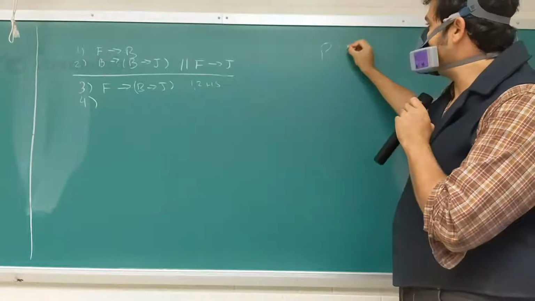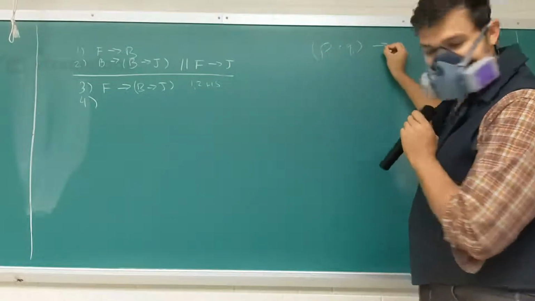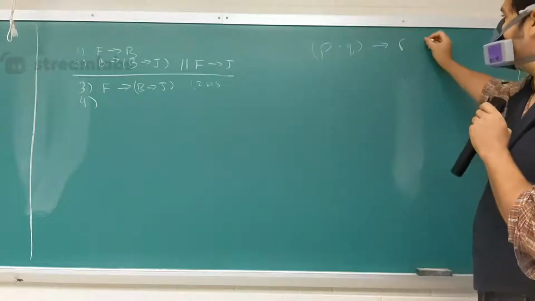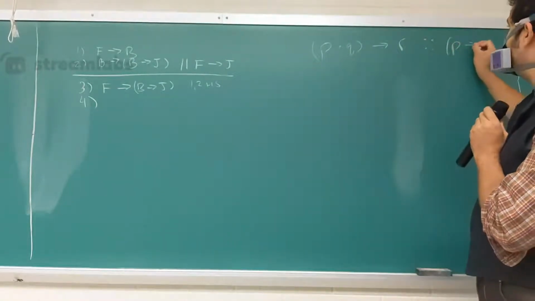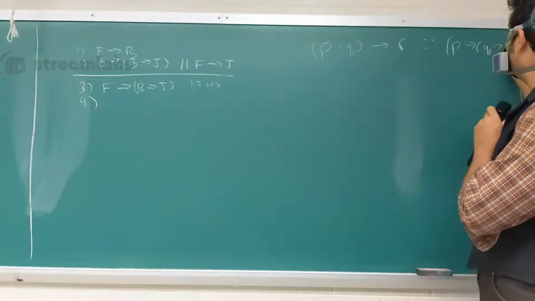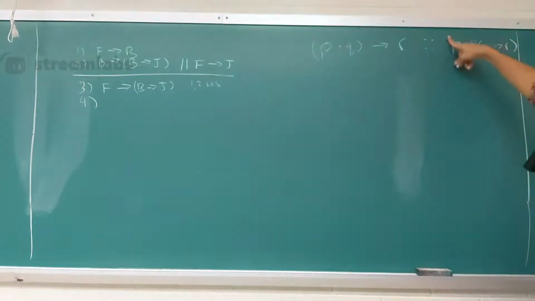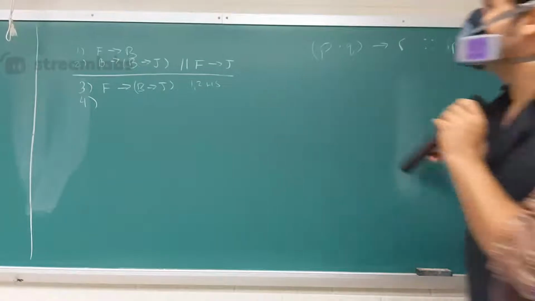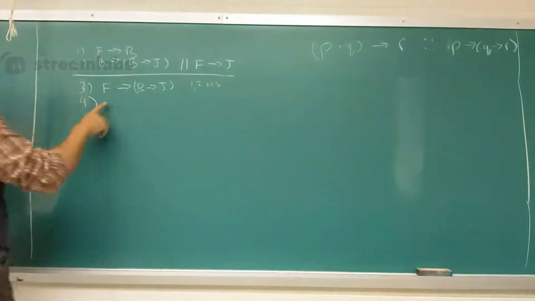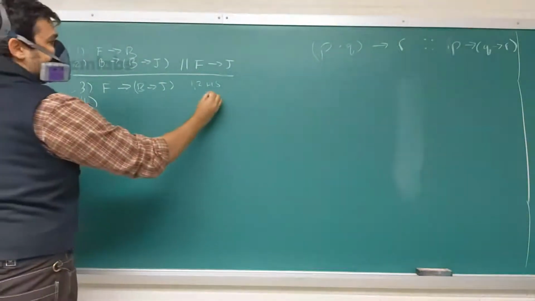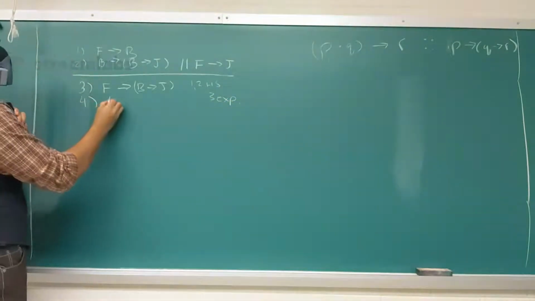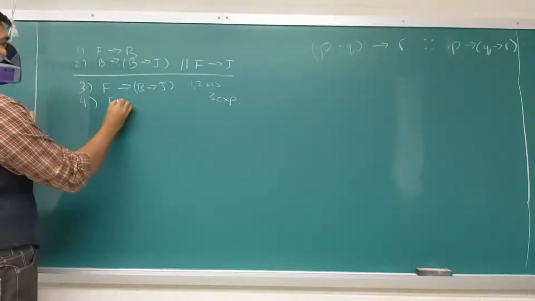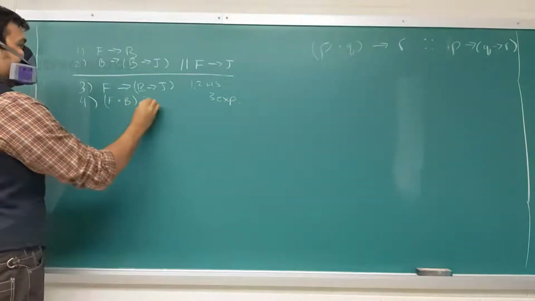If you have P and Q, then R, that's the same thing as P, then Q, then R. Right, that's exportation. Correct? Yeah. So if we used exportation on 3, we would end up getting F and B, then J.